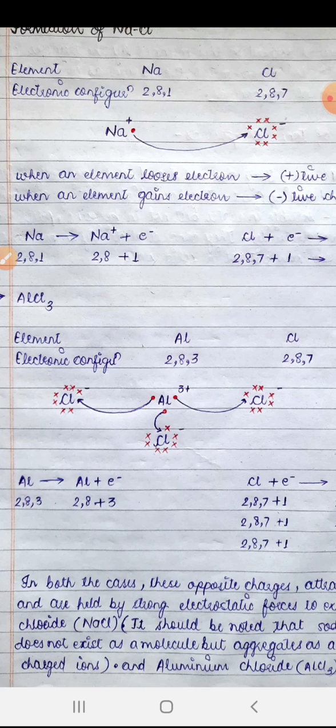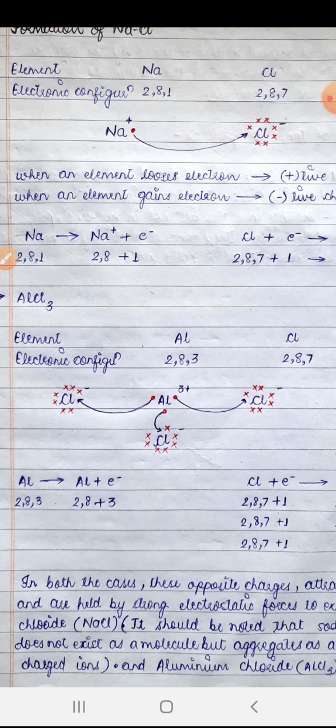So it will do what is convenient. The losing of 3 electrons is easier than gaining 5 electrons, right? So here aluminium will lose its 3 outermost electrons.